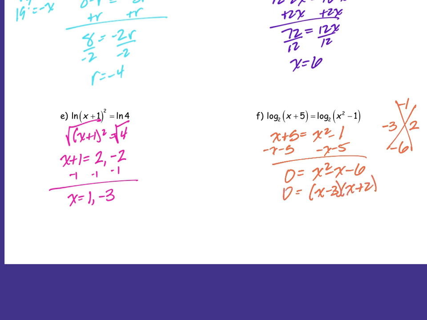So I have two things multiplied together that equals 0, which means one of those things has to be 0. So either x minus 3 has to equal 0 or x plus 2 has to equal 0. So add 3, subtract 2. So x equals 3 or negative 2. Okay? That's it.